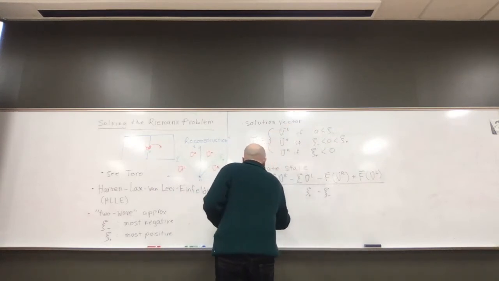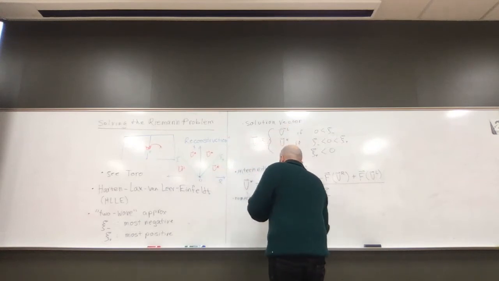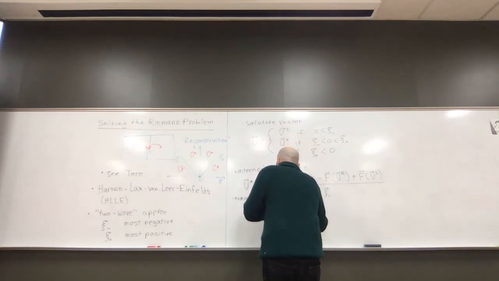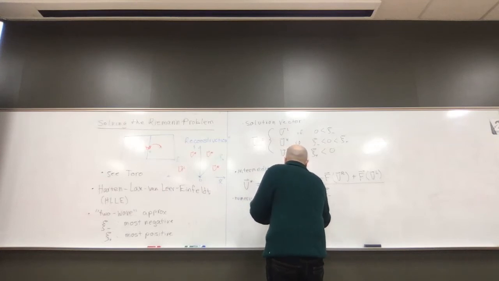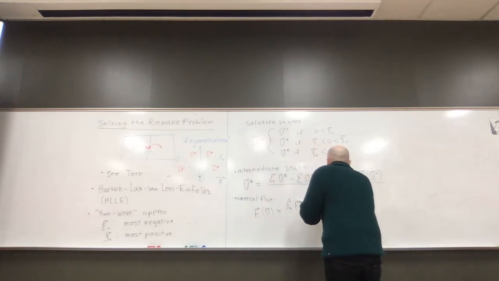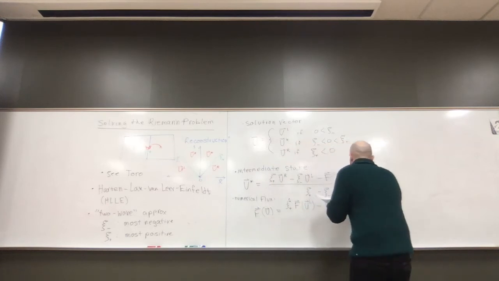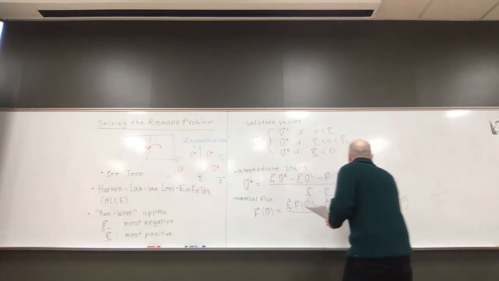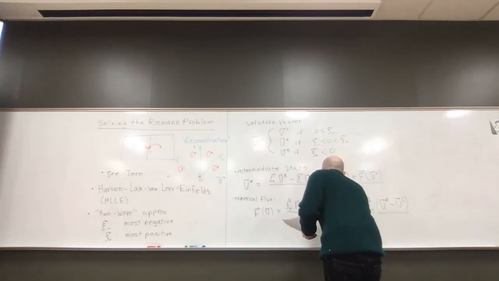F of U, which is what we really want to use for our solution, is going to be equal to ξ plus hat, and I'll tell you what that is in a second, it's just a limited speed, times the flux of the left state minus ξ minus hat times the flux of the right state plus ξ plus hat, ξ minus hat times each other, times U, the right state, minus the left state, so just the difference in those states, all divided by the difference in the hats, ξ plus hat minus ξ minus hat.